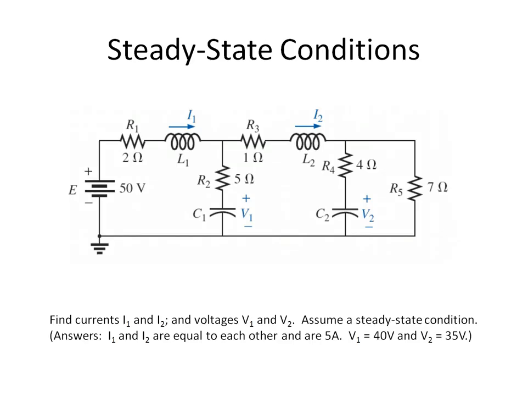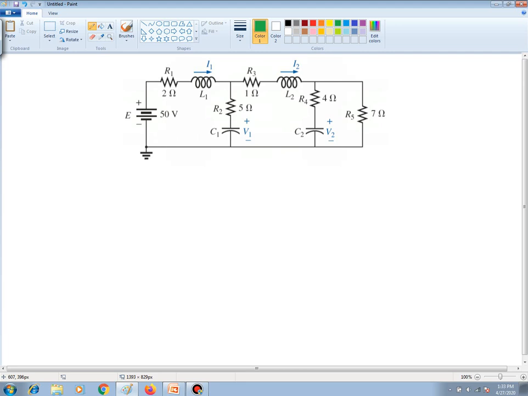For this exercise, we're asked to find the currents I sub 1 and I sub 2 and the voltages V1 and V2. And of course, this is once steady state conditions have been reached. Well, once steady state conditions have been reached, the inductors will act as shorts. So therefore, I will replace them with a short.